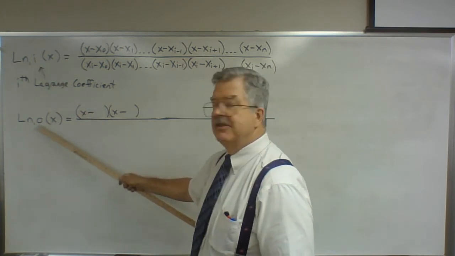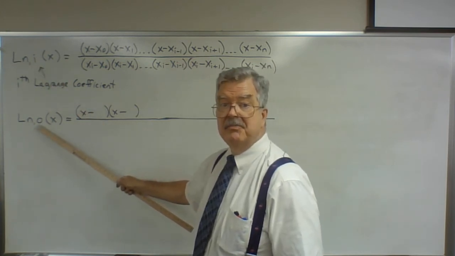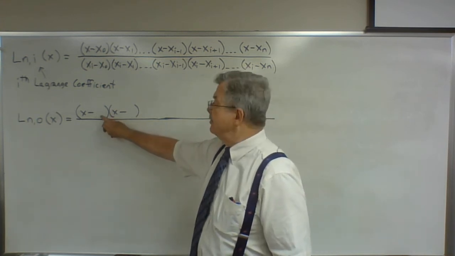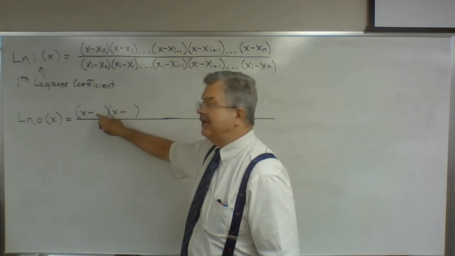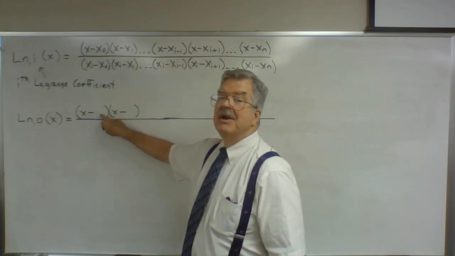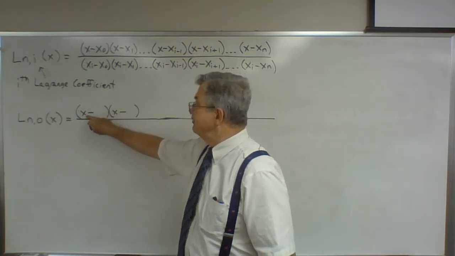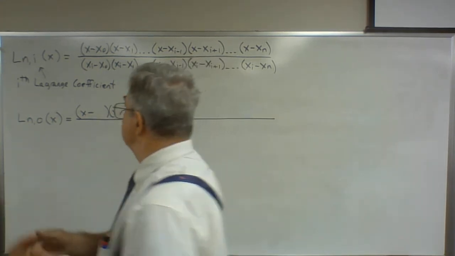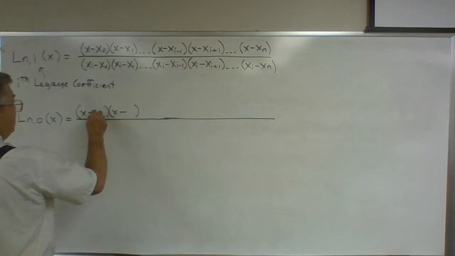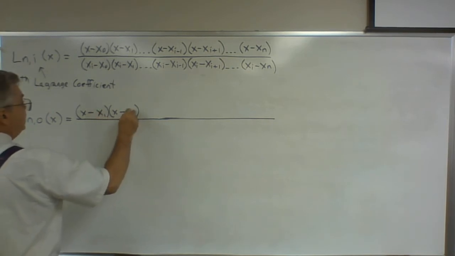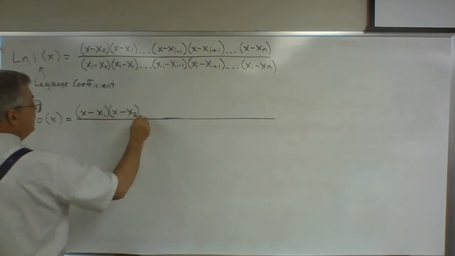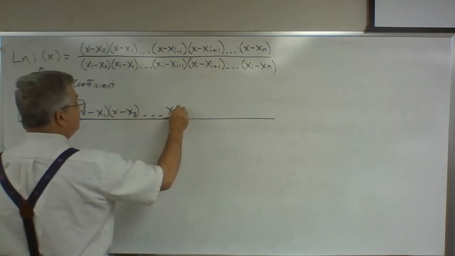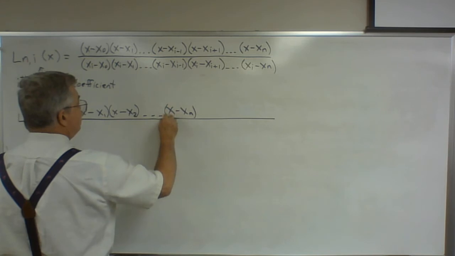Well, what is I in this case? It's 0, isn't it? So the factor that's going to be missing up top is x minus x0. We're not going to have an x minus x0 up top. So we'll have x minus x1, x minus x2, dot, dot, dot, x minus x sub n.